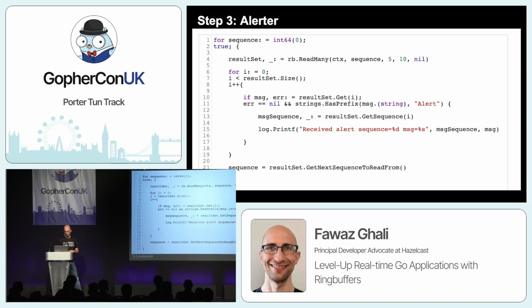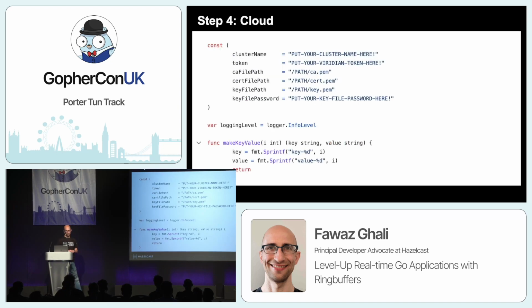Now, in order to run it in the cloud, what you need is some kind of setup. It depends which cloud provider you use. So you define your cluster, so where your cluster is hosted. Of course, if you have, for example, a token attached to it, so security code, or it's like username and password in simple terms. And obviously, you need to define a logger to be able to log any error messages.